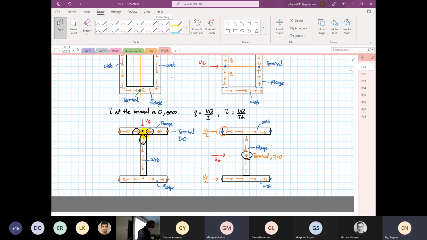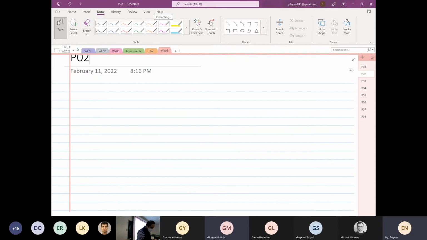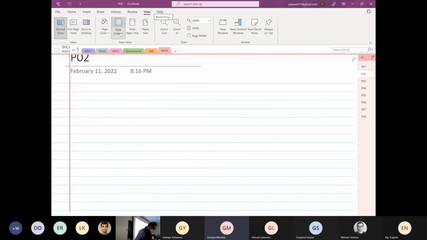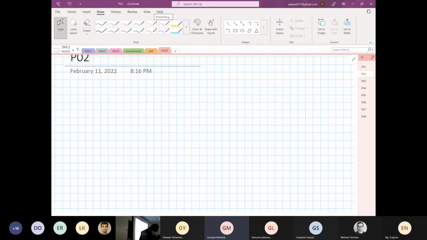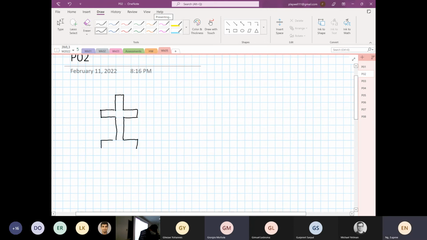Okay, then let me draw another one. I will draw another structure. What if now the structure looks like this? Don't worry, I'm not drawing a St. Andrew's cross, okay?